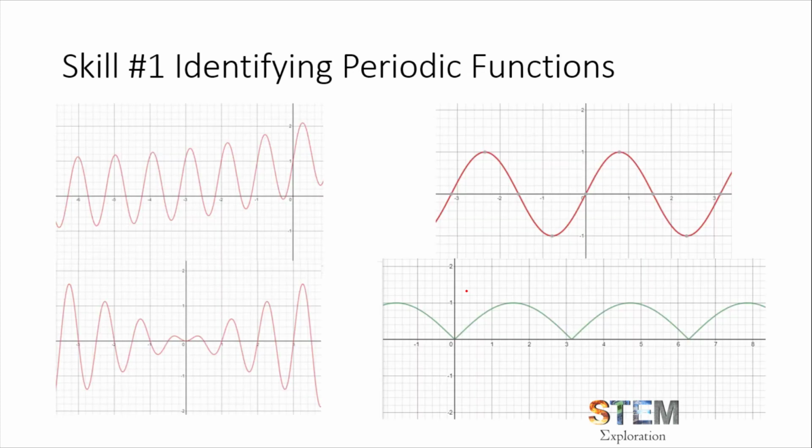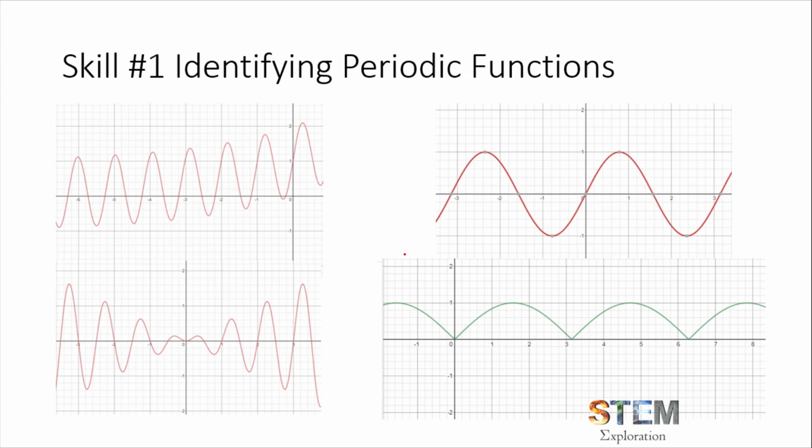And the first thing I want to do is talk about how we identify a periodic function. The main thing that I am looking for if I am trying to identify if something's a periodic function is to see if a pattern repeats itself.